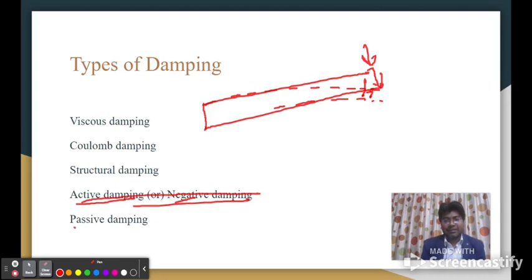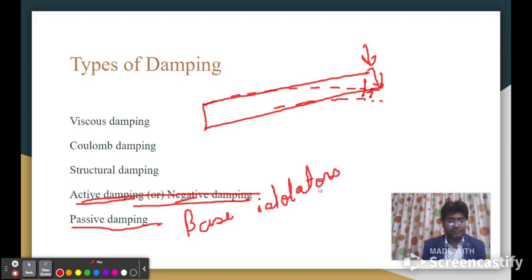Now, passive damping means there is energy dissipation within the structure by some damping devices such as base isolators, tuned mass damper, TMD, I'm writing in short form, TMD. These are some types of passive damping devices.